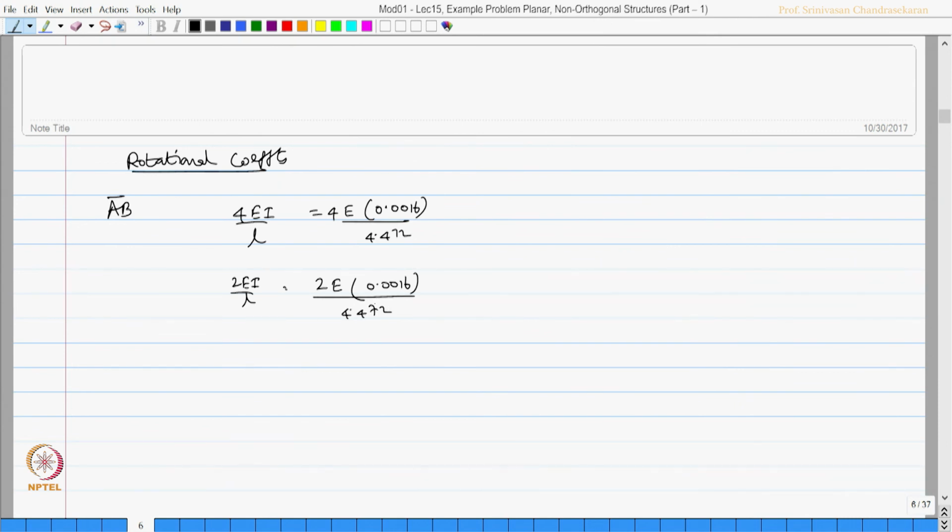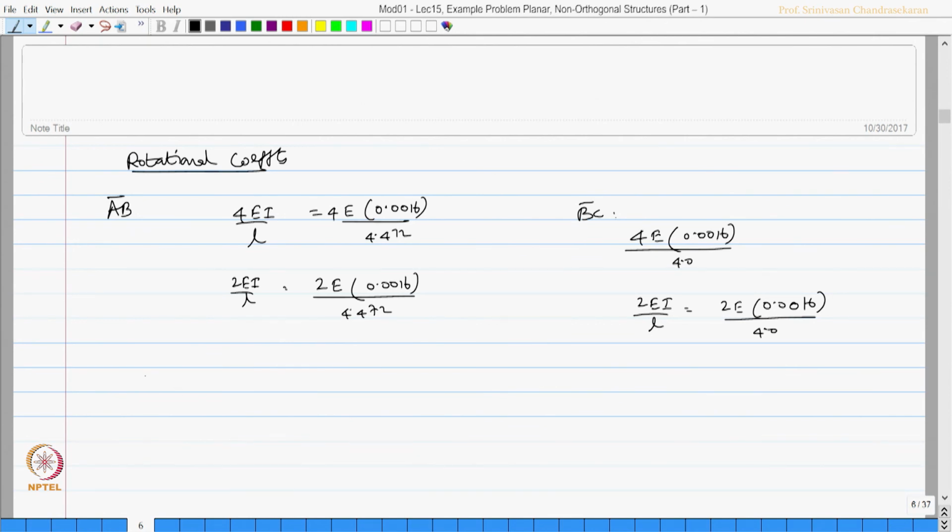This is for the member AB. We can also do this for the member BC, which is 4 times E I 0.0016 by length of the member, which is 4.0, and 2 E I by L, which is 2 E I 0.0016 by 4.0.